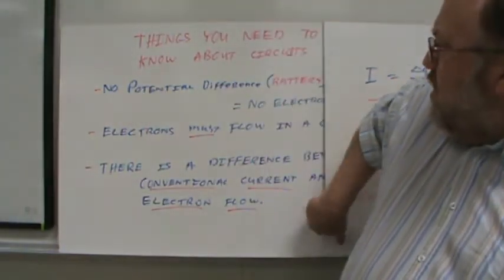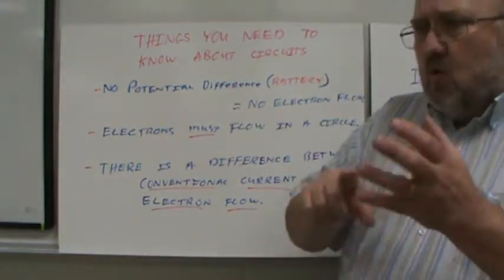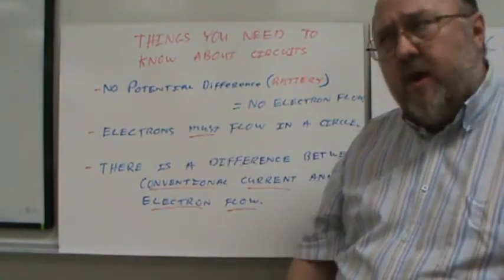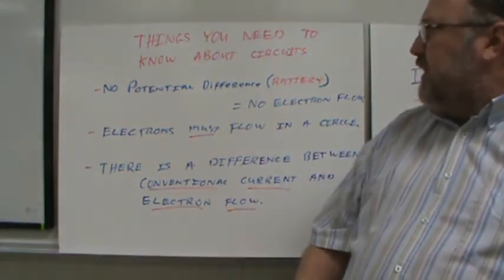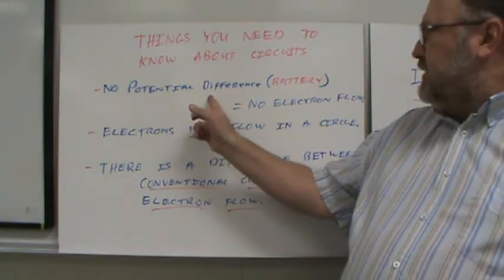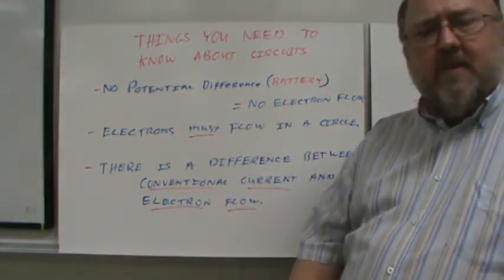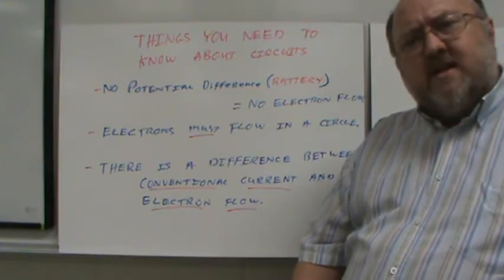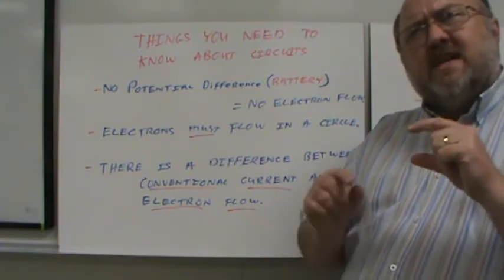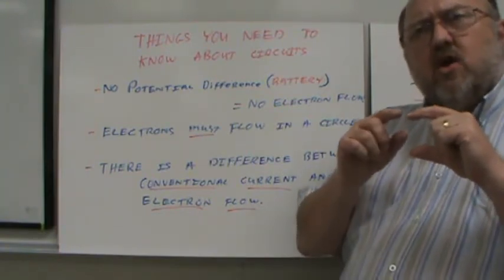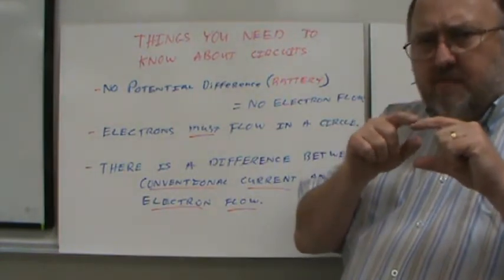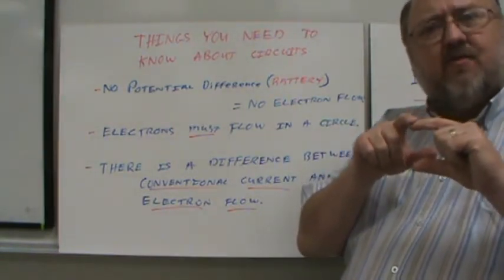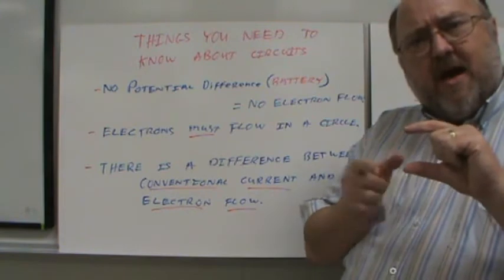There are things you need to know about when we have current flowing, and here they are. I just bullet pointed them. No potential difference means no electron flow. You remember potential difference, and I used that 9-volt battery as an example. Potential difference is where you've got one region of space, the top of the battery, which has a different potential than the bottom of the battery.